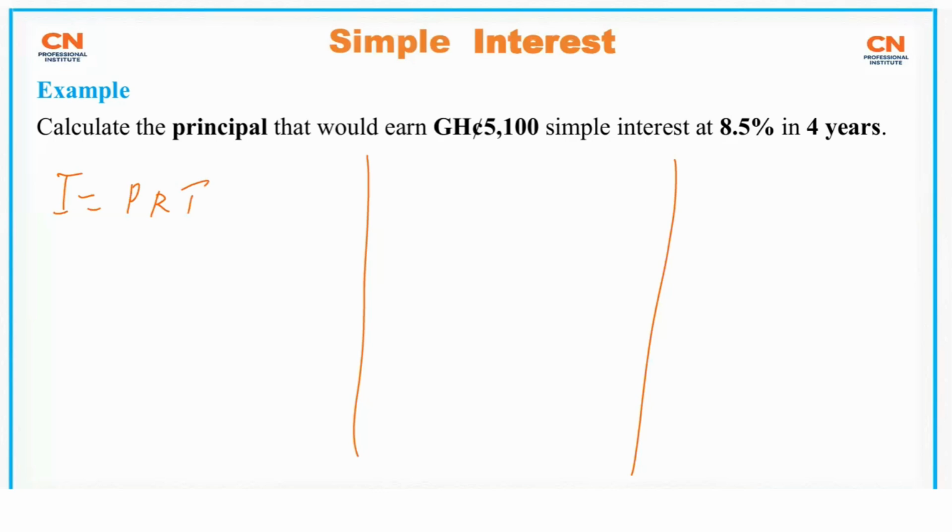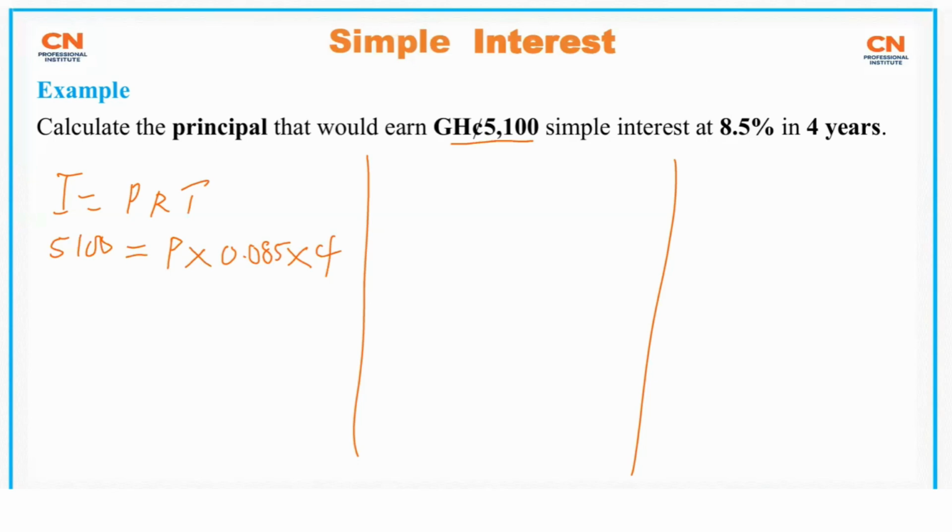My interest, so we've been given the interest here. So the interest, 5,100, is equal to principal. We don't know, so that's what we are calculating for. So P, we know the rate 8.5%, which will be the same as 0.085. Time is 4 years.